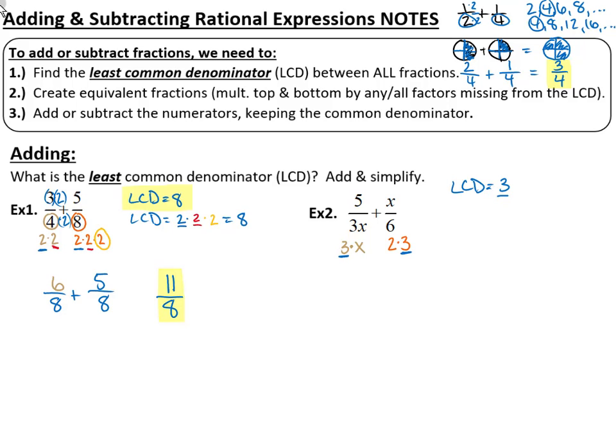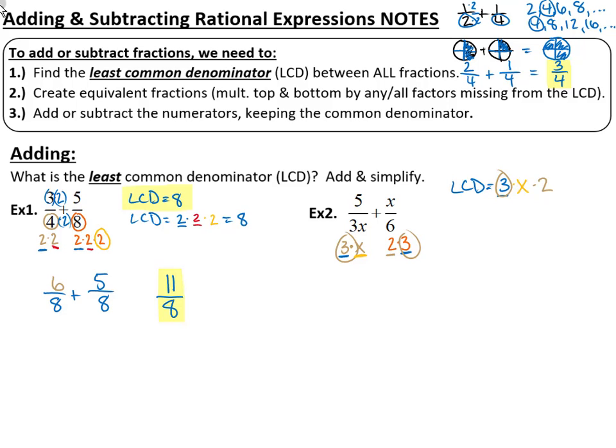So what are some things they have that are not common? Well, they have an x, which also needs to be in our LCD, and there's a 2, which also needs to be in our LCD. So anything that's shared just goes in exactly one time, every time it's shared. And any non-common factors, things that weren't shared in common, also have to appear in there.